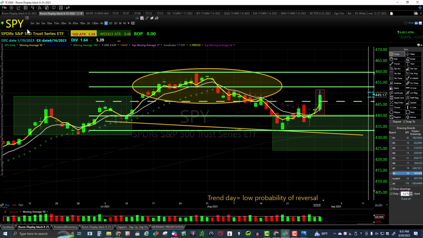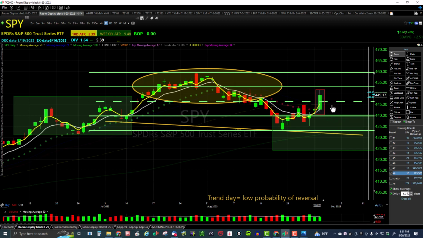But the difference is on the SPY, they managed to get back up over the trend line, whereas the Qs, the diamonds, were kind of stuck at the trend line. So we'll see what happens here if the bulls can get any follow through tomorrow on this price action to the upside. But the nice thing is they were able to close this candle up over the midpoint.